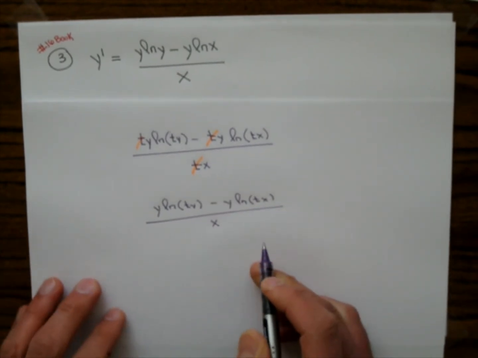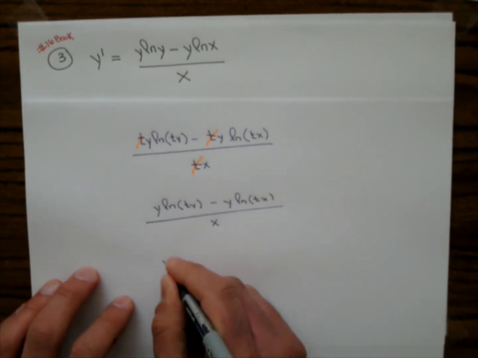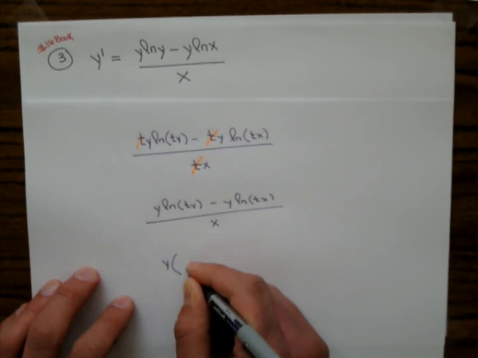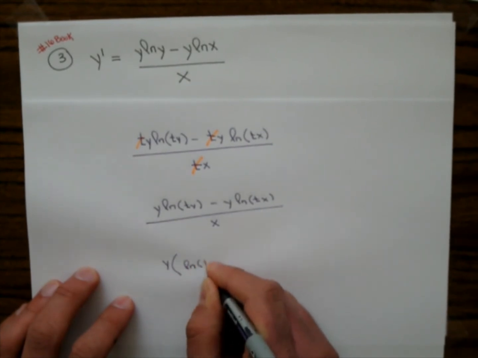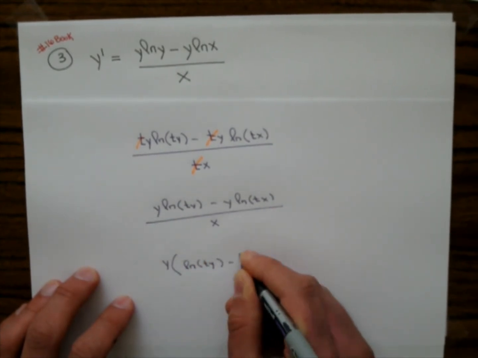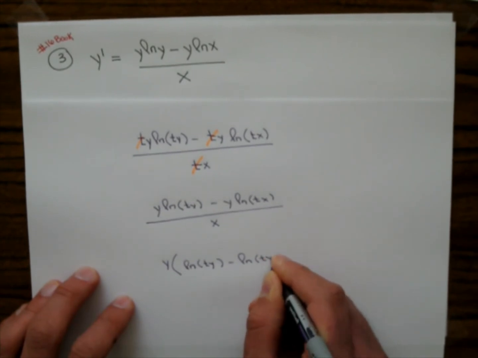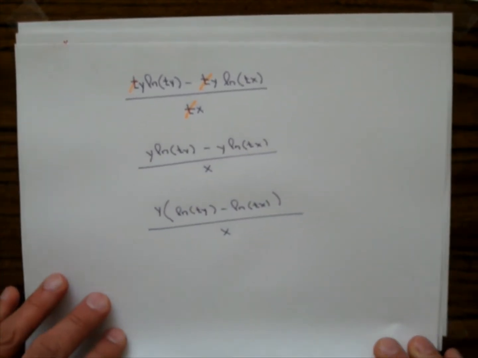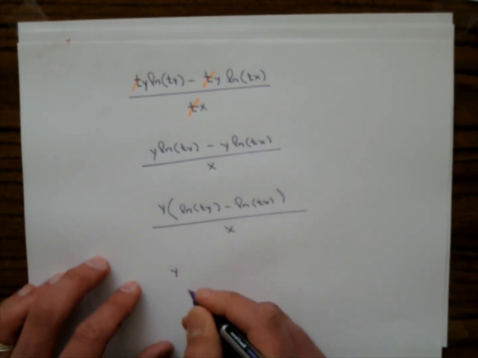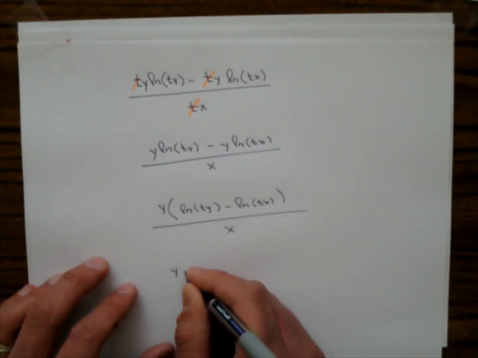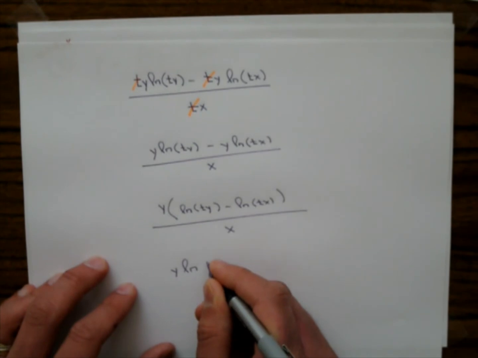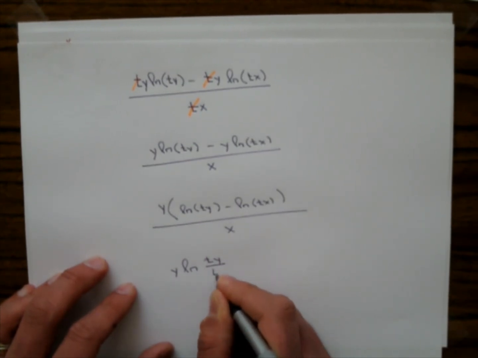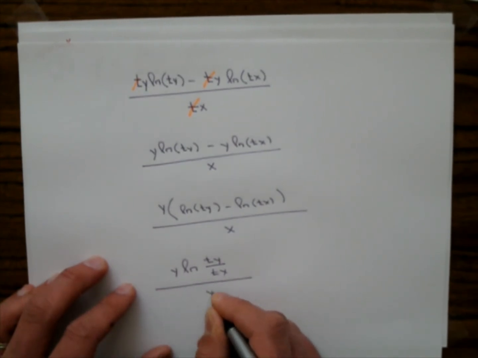And so it might appear that the t's are not going away. Factor out a y. We have ln ty minus ln tx, all over x. And we can use the quotient rule of logarithms that says we can go ln ty over tx, all over x.